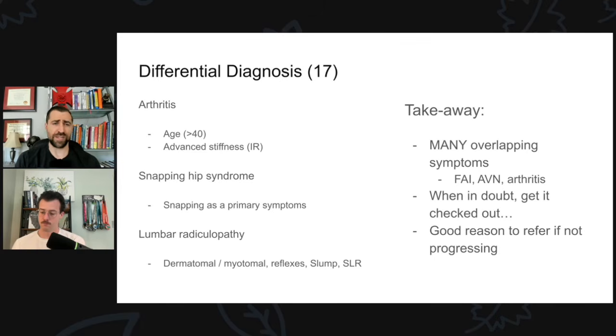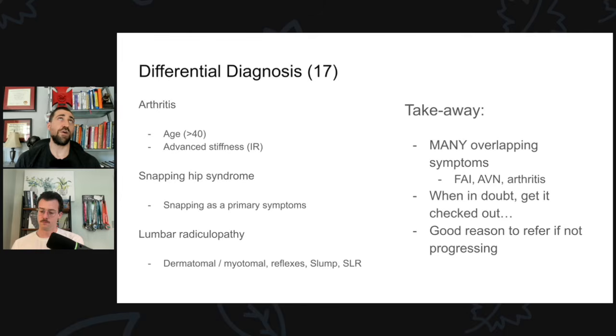Another issue you may see is snapping hip syndrome. And there can be clicking and popping associated with FAI. But if the primary complaint is snapping within the hip, in the front side of the hip, this could be the iliopsoas tendon snapping up against the anterior inferior iliac spine.